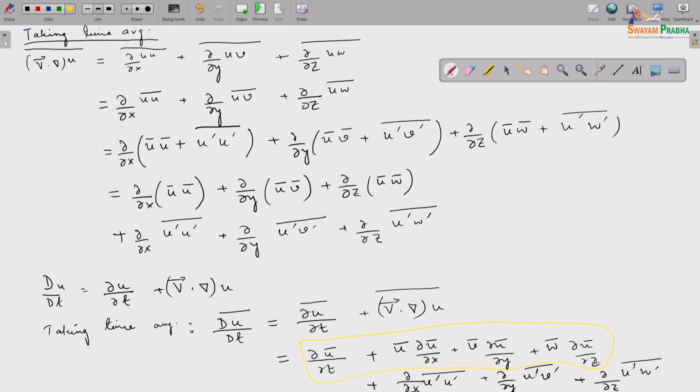So, essentially it is an instantaneous change in the mean velocity and also convective change in the mean velocity due to the mean flow. So, the velocity that we are considering now is the mean flow and hence we have these components which are u bar, v bar and w bar, right. So, this is a change in the mean velocity that we are talking about. Okay. So, this is something I can also write as d mean dt, right.